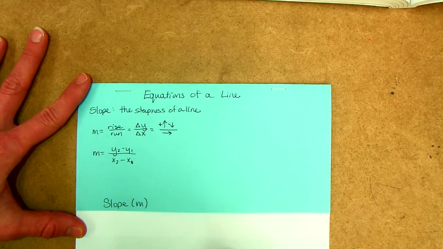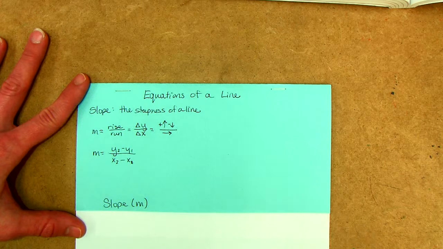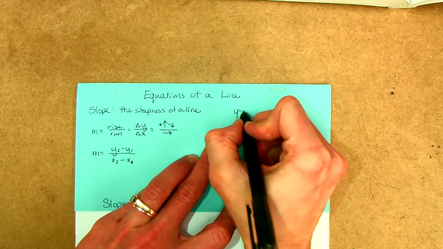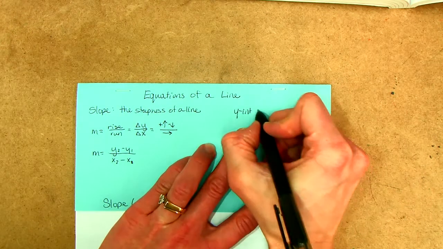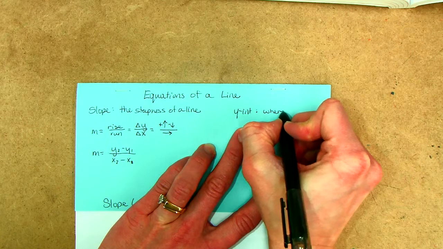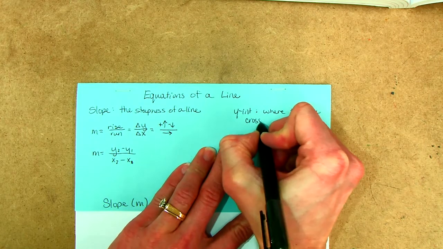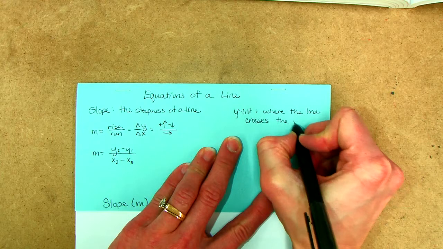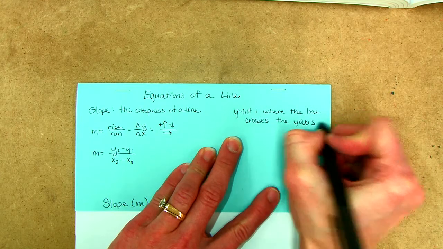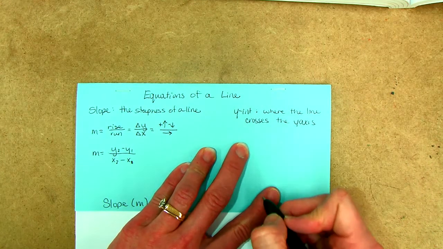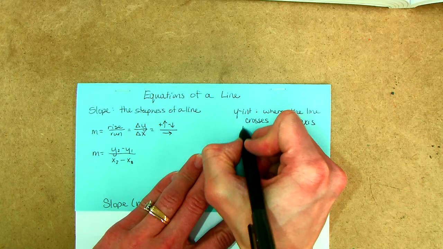Now, the other thing we're going to talk about is your y-intercept. It is where the line crosses the y-axis. It is usually labeled with the letter B. So if I have a line graphed, this is my y-axis, this is my x-axis.